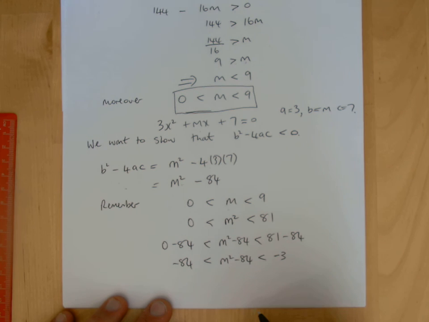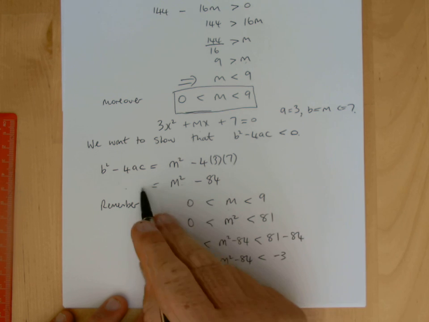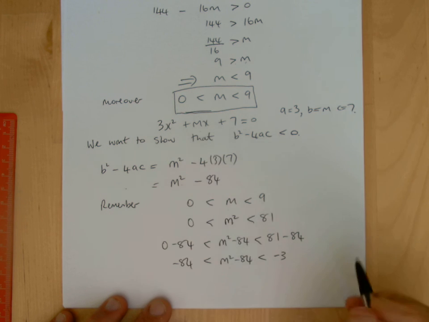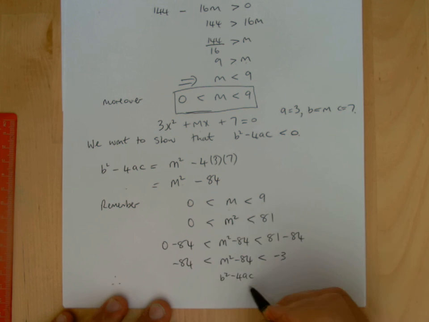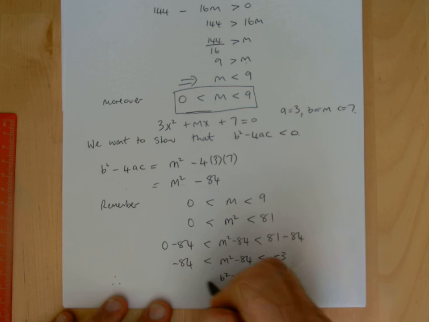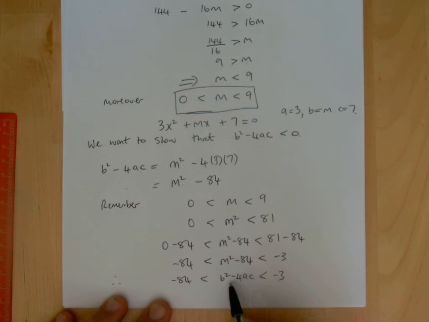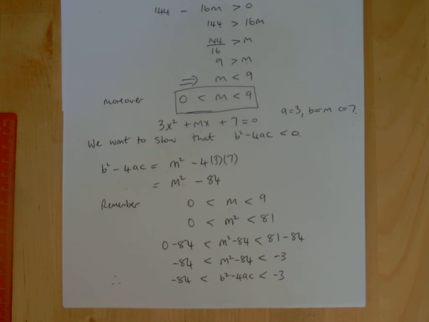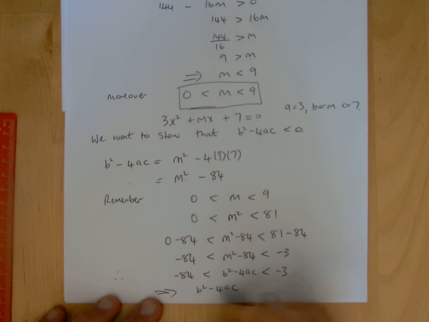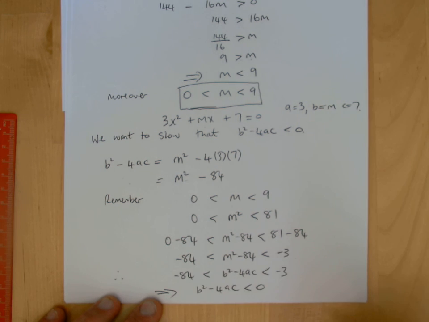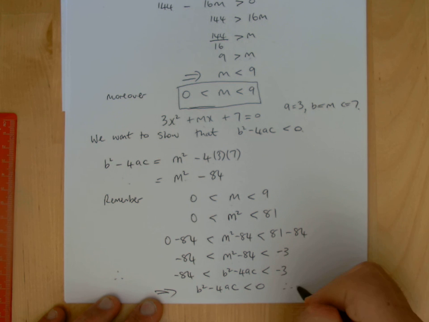But remember, this is the discriminant, isn't it? m squared minus 84 is just our discriminant for this quadratic. So I can replace m squared minus 84 with b squared minus 4ac. So we're saying the discriminant, which is m squared minus 84, for this quadratic has got to be between minus 84 and minus 3, based on what we know for m. And in that sense then, we've shown that b squared minus 4ac, if it's between those values, is definitely less than 0. So there's no real roots.